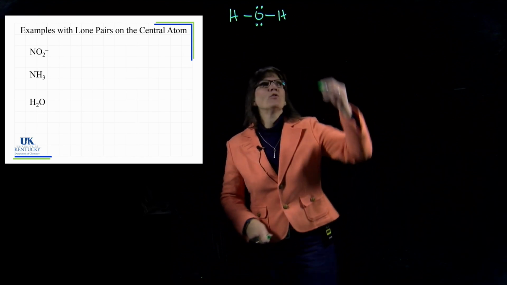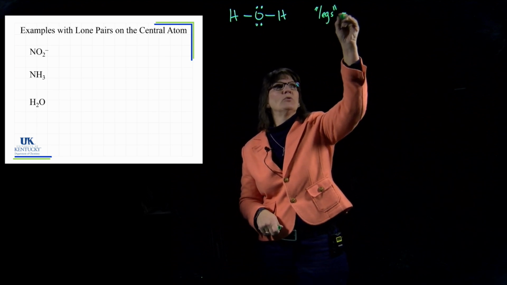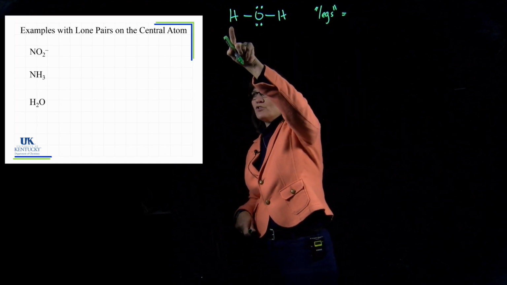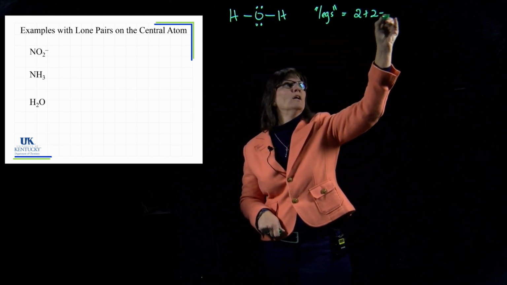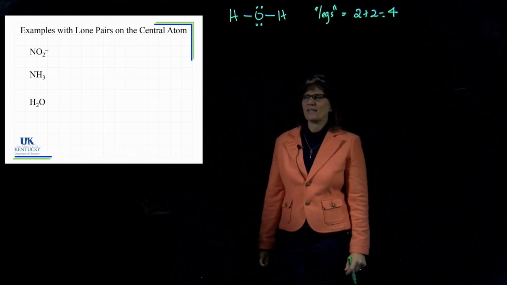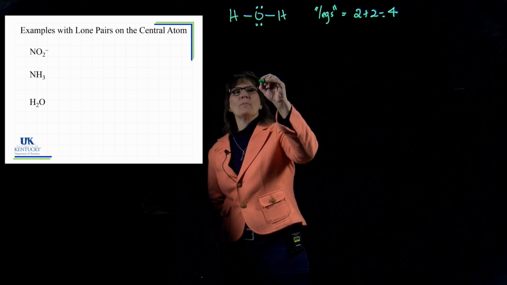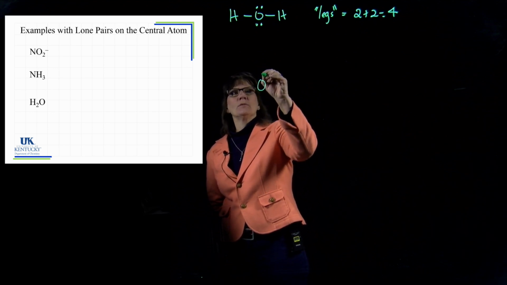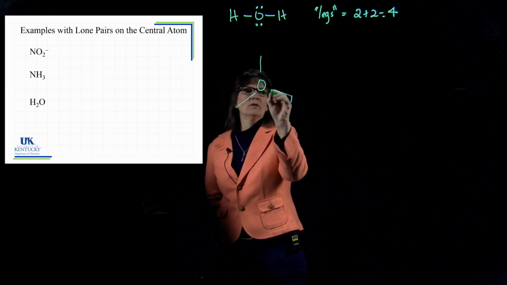So that we're going to count those legs. Remember, my legs is what I call those electron groups. You count bonded atoms, there's 2. Lone pairs, 2 more. 2 plus 2 is 4. I have 4 legs trying to get as far apart from each other as they possibly can go. 4 legs getting as far apart from each other as they possibly can go is oxygen in the middle, and then my 4 legs is the shape of a tetrahedron.